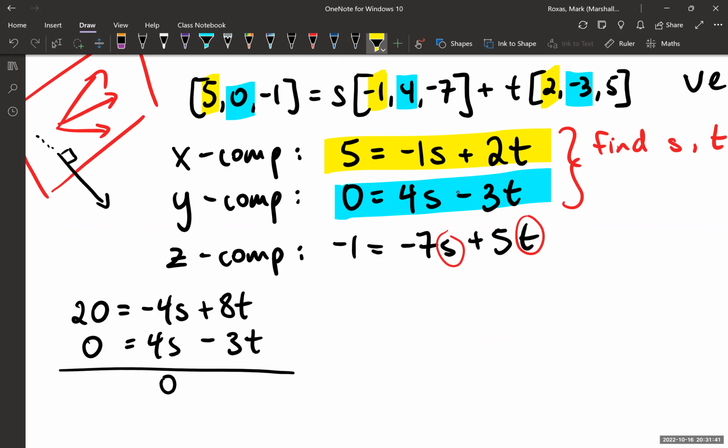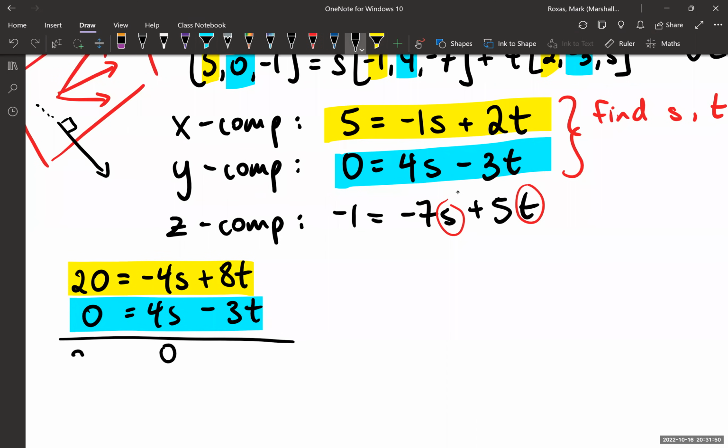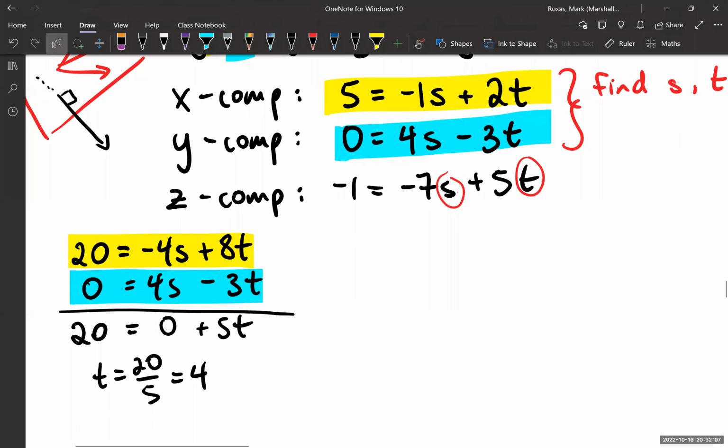Remember, I'm just modifying the first equation by multiplying by 4 and leaving the second equation alone. So 20 plus 0 is 20, -4s plus 4s is 0, and 8t minus 3t is 5t. Solving for t, t equals 20 divided by 5, which is 4.